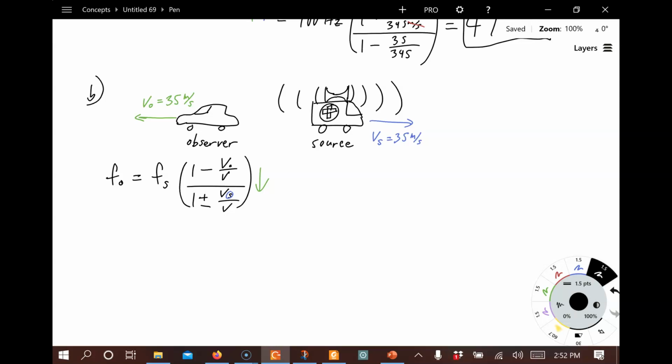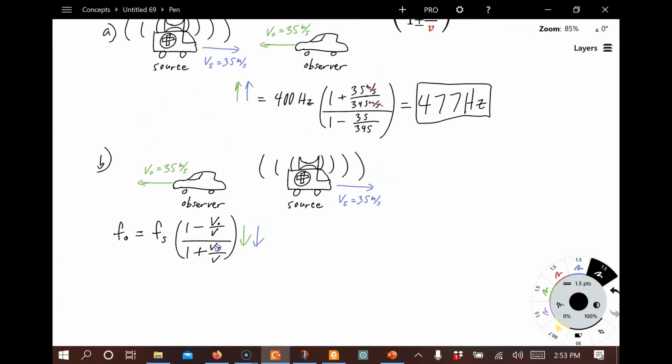The source is also moving away from the observer, and that means we're going to have to also decrease the term in the parentheses. So both the observer and the source contribute to lowering the frequency, and that means we need to make the denominator bigger in the bottom if we choose the plus sign. And from there, all we do is we put in the same values again and calculate.